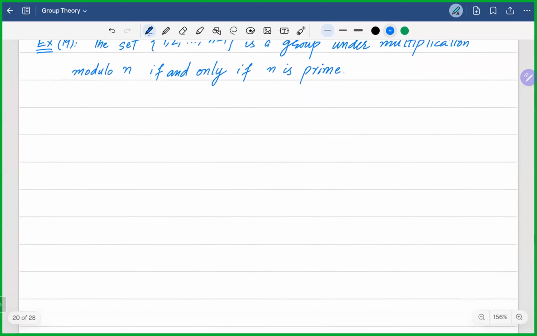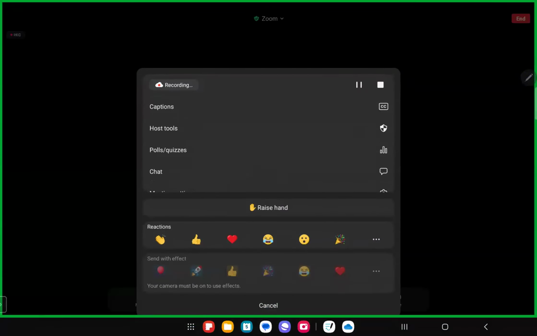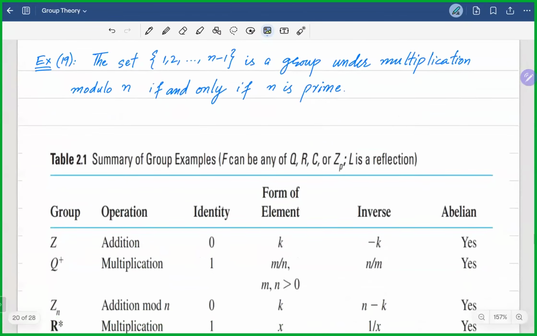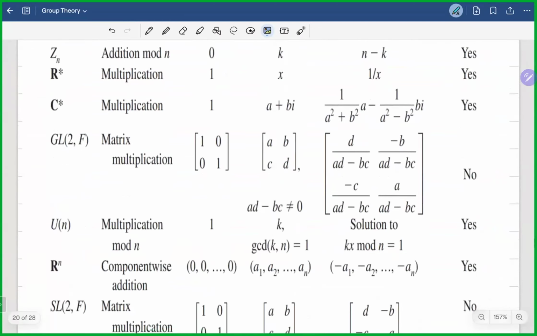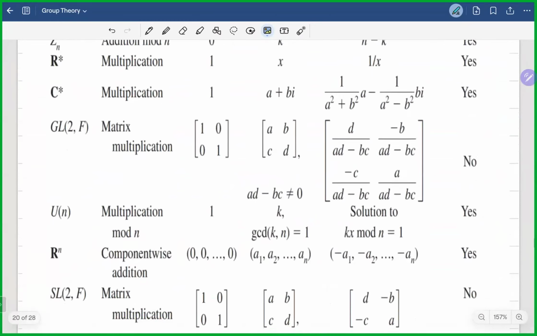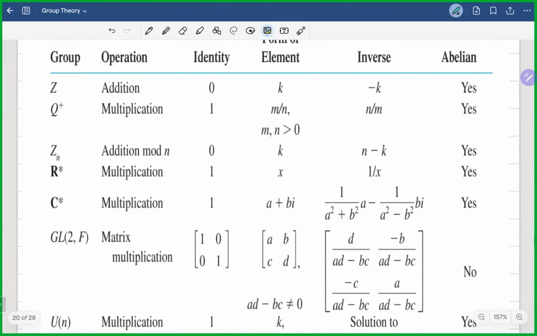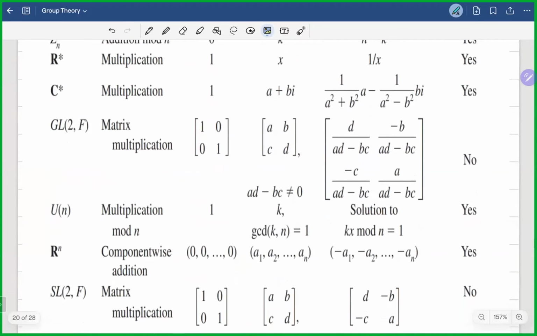Then we can present this table, which says that we have groups here in this line, and we have operations here, and then we have identity elements here, and then we have the form of elements, what kind of elements we have here, and then we have inverses of elements here, and then we have the information whether these groups are abelian or not.